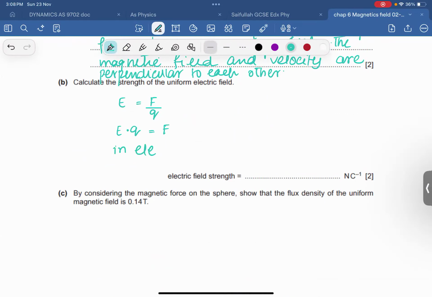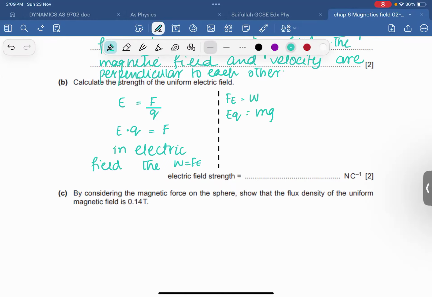So we can say that in the electric field, the weight is equal to the electric force. So Fe is equal to the weight, and E times Q is equal to mg.